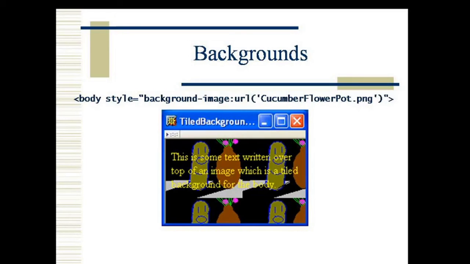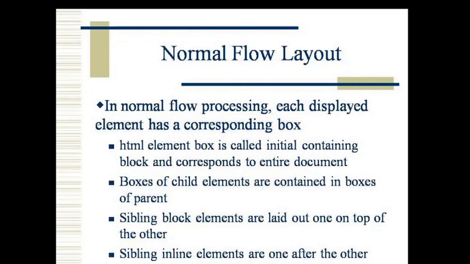Here we have just provided a single CSS element, so we don't have to bother about putting a semicolon. The style is background-image and the URL is cucumberflowerpot.png. So what will happen in the body tag, over the whole area of the body, is that the whole body will have the specified background image.